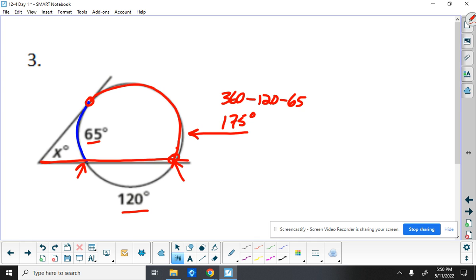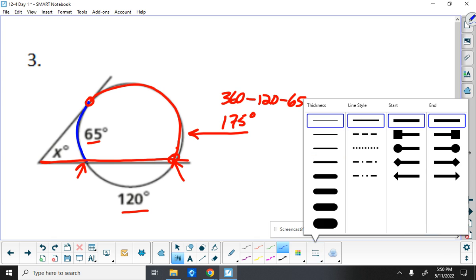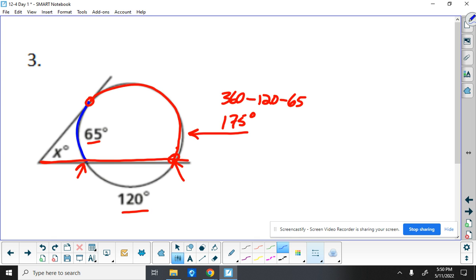Okay. And so now what I can do with that is I know that x, that angle, is going to be, you take the bigger of the two arcs and subtract the smaller one from it, and then divide that by 2.